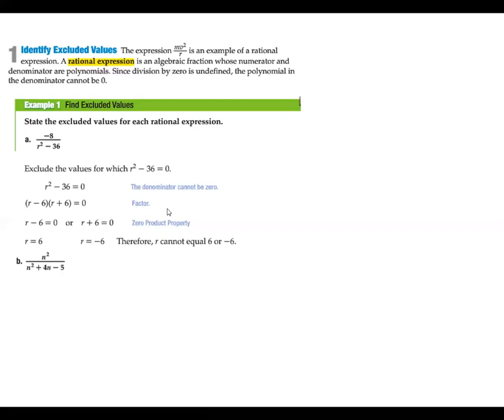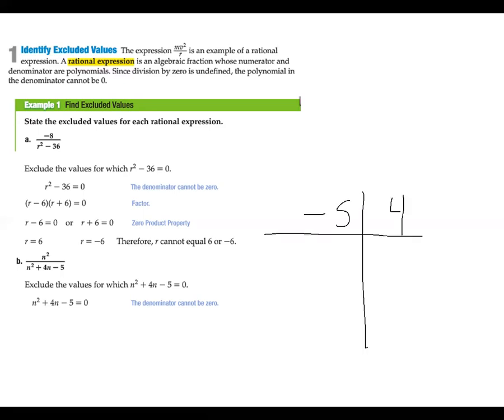What about n squared divided by n squared plus 4n minus 5? Well, to get the excluded values, you set the denominator equal to 0, and then we can try to factor this. So I'm looking for factors of -5 that add up to positive 4. One would have to be positive, one would have to be negative, and the larger one would have to be the positive one since they add to a positive.